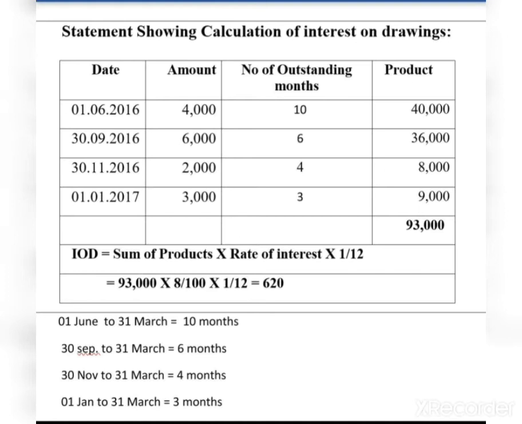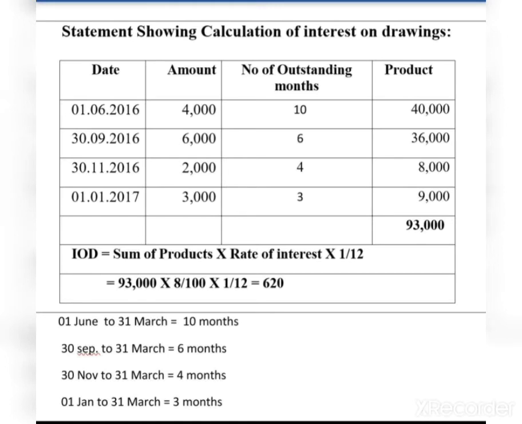So the first time, she withdrew 4,000 on which date? 1st June 2016. So what is the withdrawal date? 1st June. And what is the year ending date? In this question, 31st March 2017 is the year ending date.